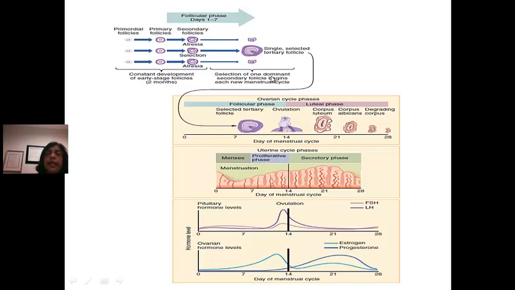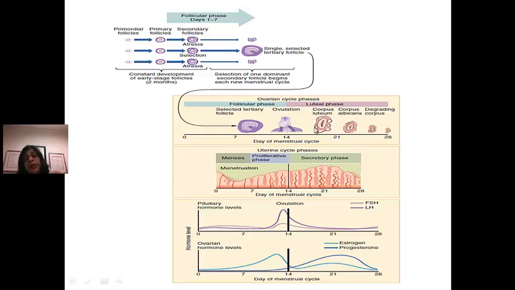So the single selected tertiary follicle is shown in here. This is allowed to grow further, and that is the one that goes through ovulation. We saw ovulation earlier. This happens on day 14.